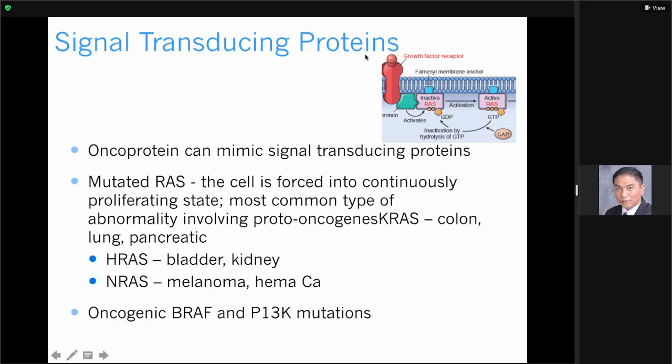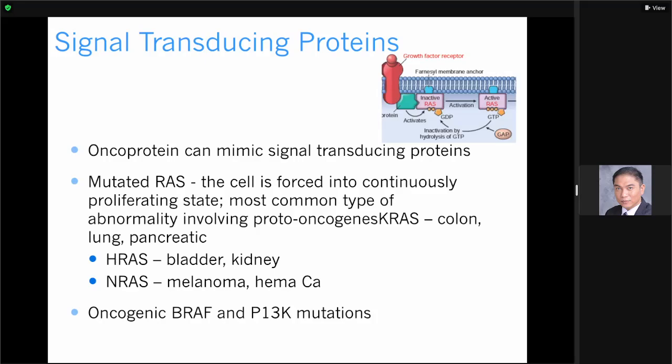So here, we're done with the growth factor receptor. So signal transduction naman. So signal transducing proteins. A good example is RAS, a mutated RAS.